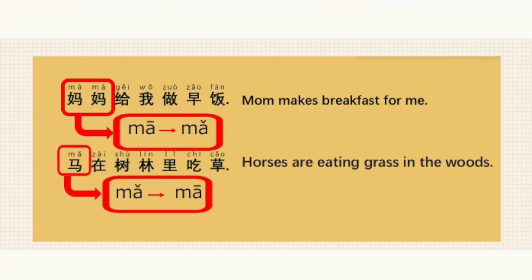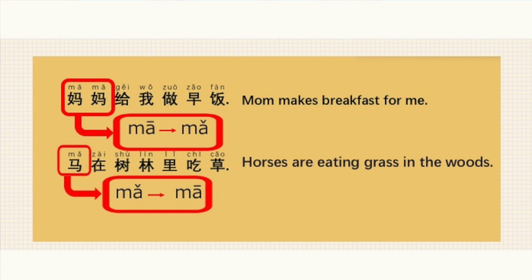Here, there are 2 sentences. First sentence, 妈妈给我做早饭. Mom makes breakfast for me. Second sentence, 马在树林里吃草. That means a horse is eating grass in the woods. So the first one, 妈妈, that is the first tone, right?